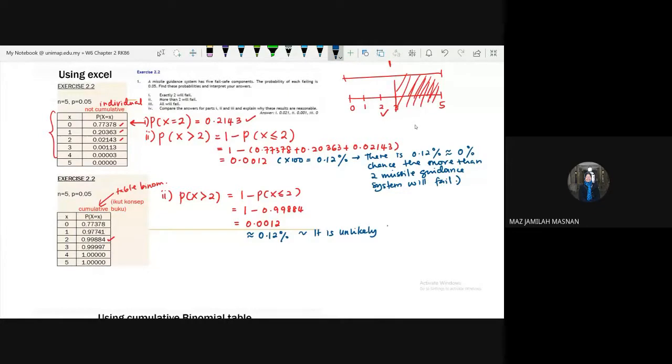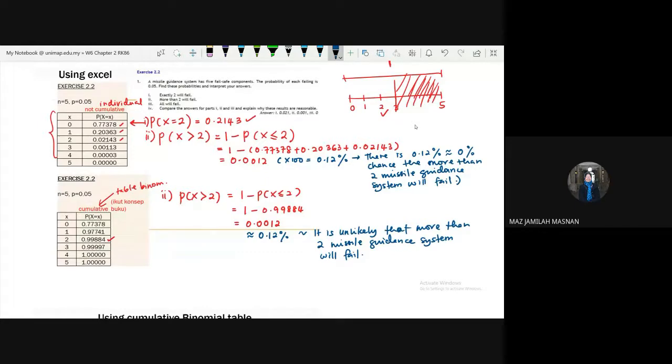It is unlikely that more than 2 missile guidance systems will fail. Okay, so remember class, this is how you can interpret your probability value. The smaller the number, the less the possibility it will occur. The higher the value approaching 1, the higher the probability it will occur.